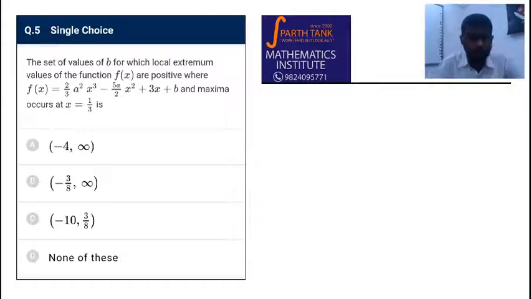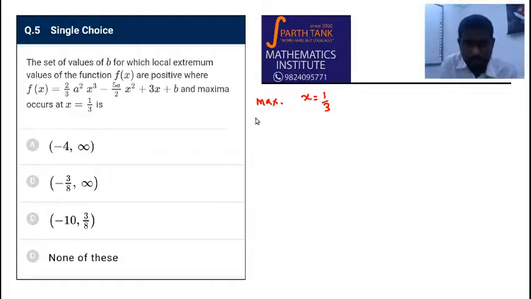Okay, very simple problem. Let us start. We know that maximum occurs at x is equal to 1 by 3, and they have said that the local extremum values are positive. That is, the local maxima and local minima should be positive. We have to find out what are the allowed values for b.